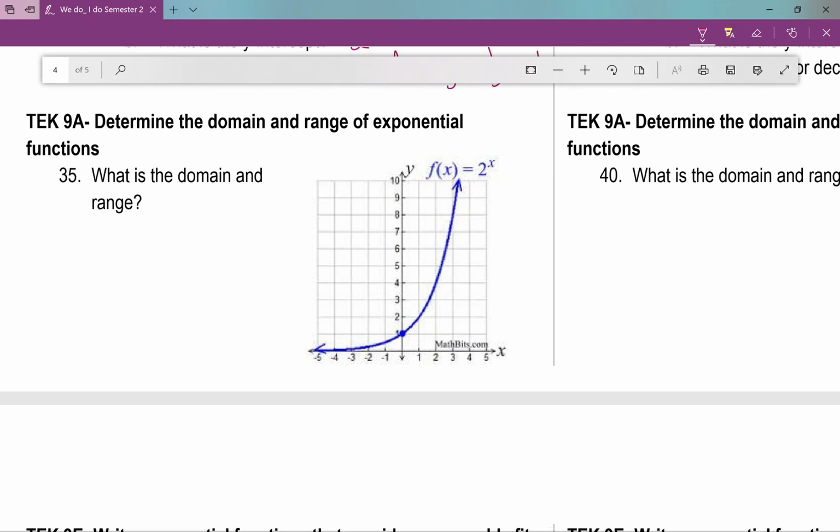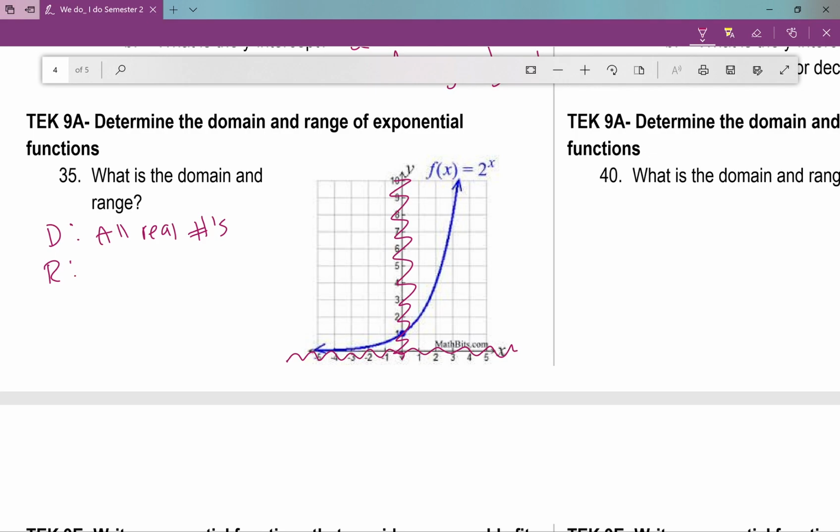Okay, number 35 says, what is the domain and range? So remember, this is an exponential function. Remember, on exponential functions, the domain is always all real numbers. And the range is dependent on our y values. And if we look at our y values, notice that our graph gets really close to the asymptote.